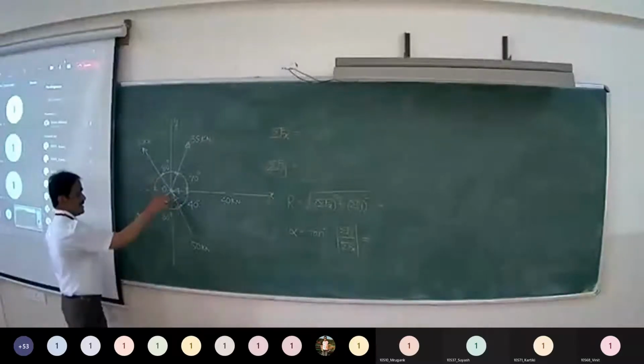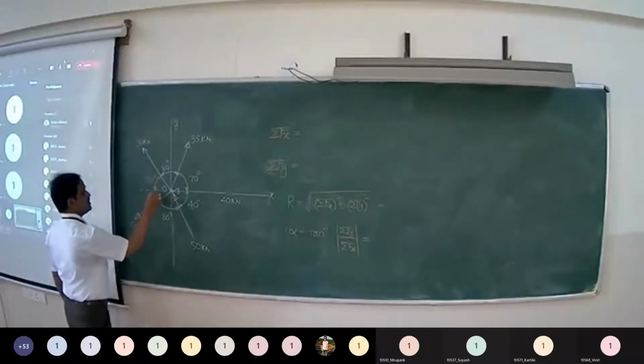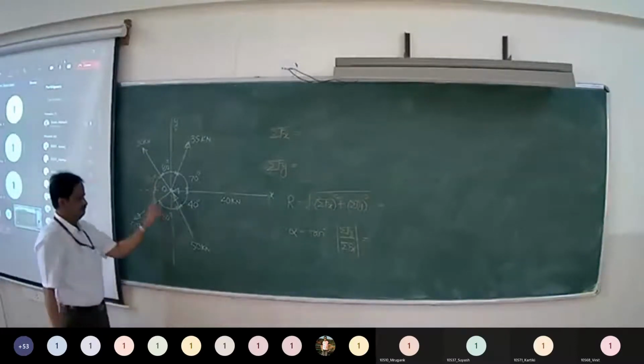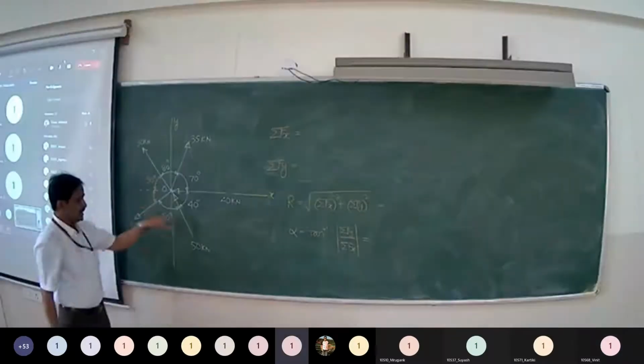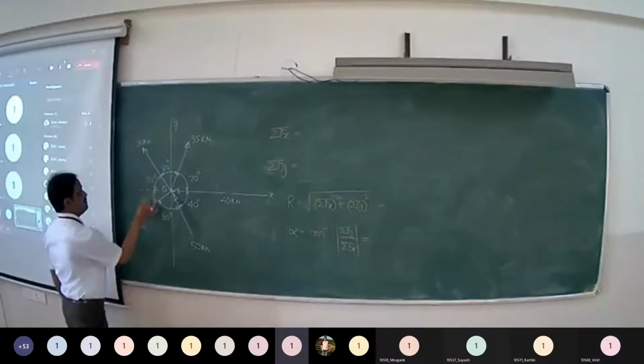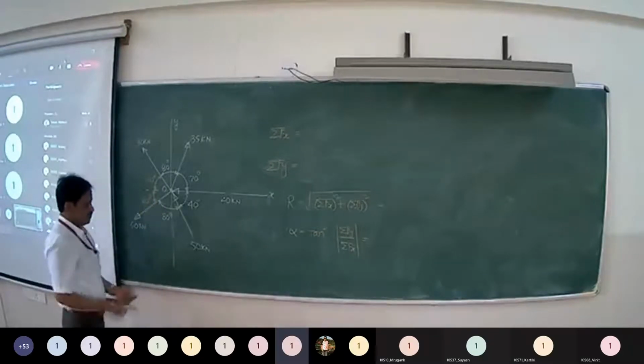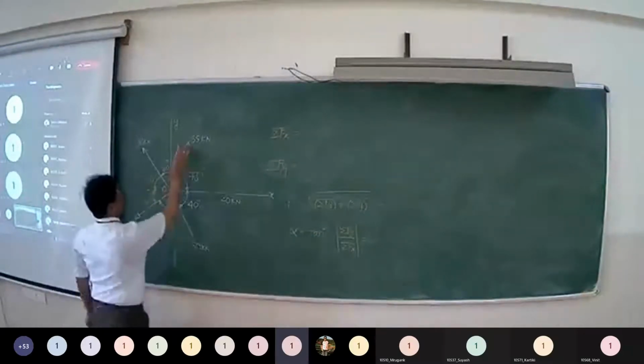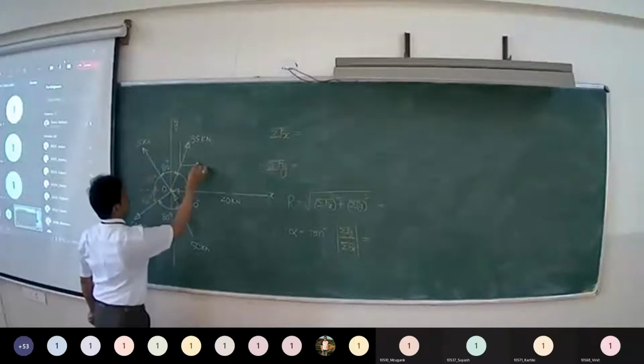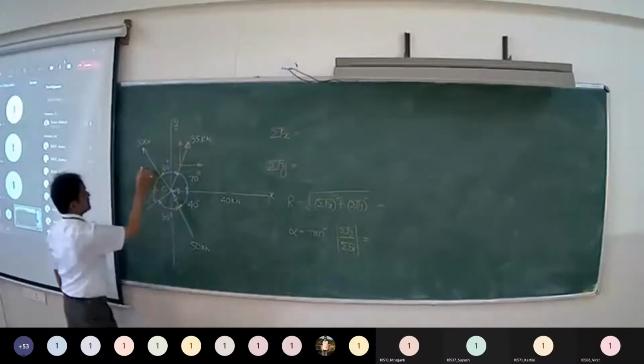Now find the angle made by 60 kN with respect to the x-axis: 180 minus 40 minus 80, that will be 80. Now you can resolve each force into x and y components.